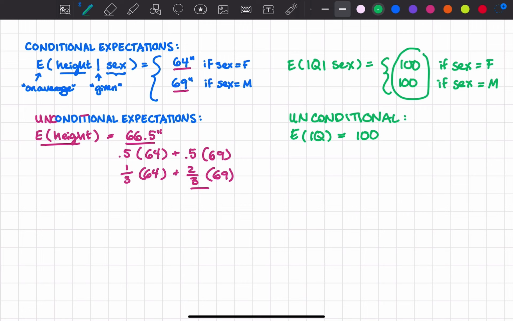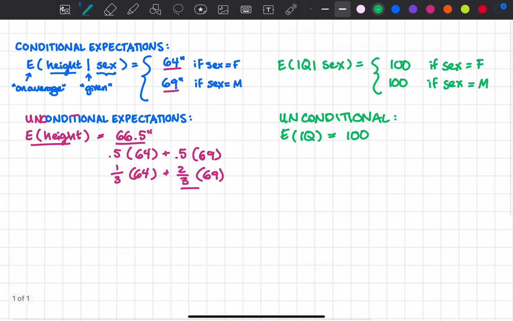And so this example shows us something really important about conditional expectations, especially for econometrics, which is, I'll call this the conditional expectations rule.